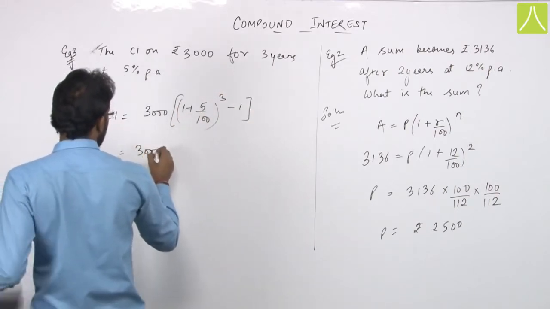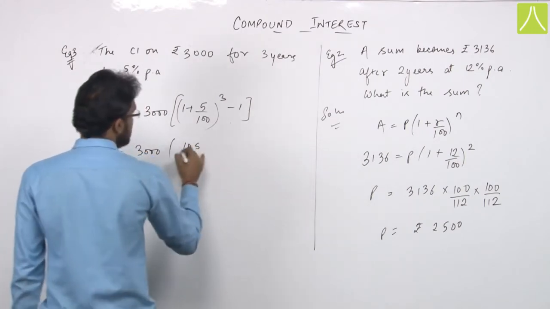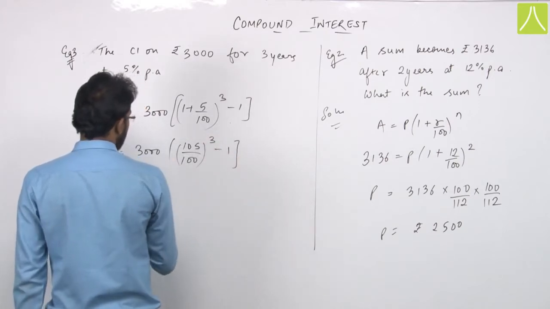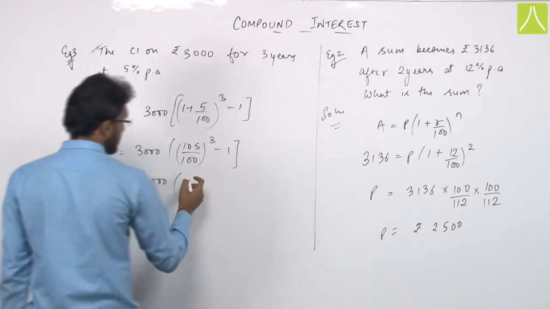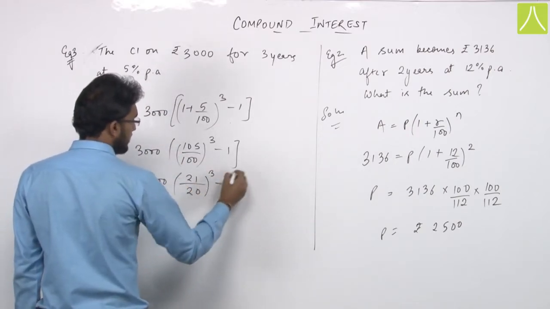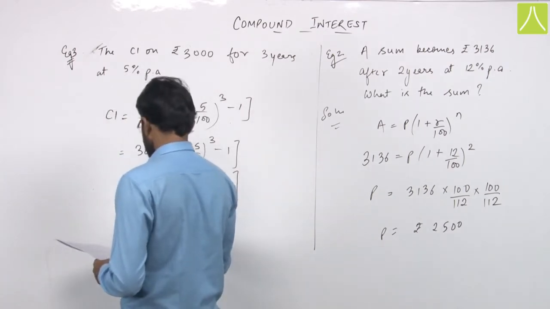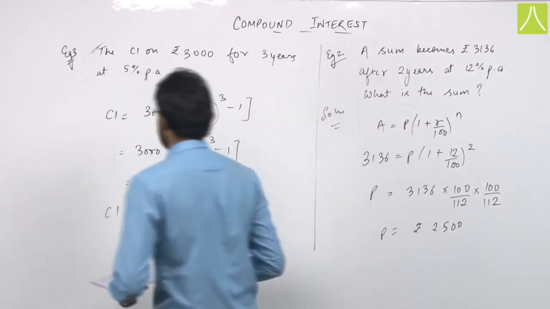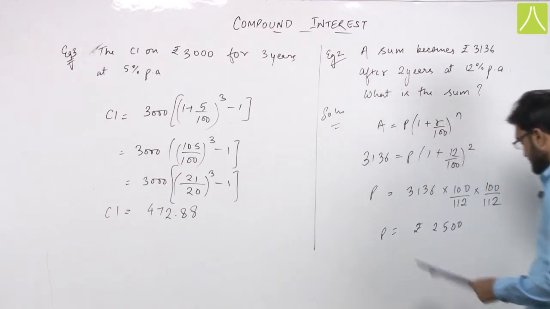Solving this we get 3000 into (105 upon 100) whole cube minus 1, which is equal to 3000 into (21 upon 20) whole cube minus 1, just cancelling by 5. Solving this equation you will be getting the value as 472.88. That is the compound interest for 3000 for 3 years at 5% per annum.